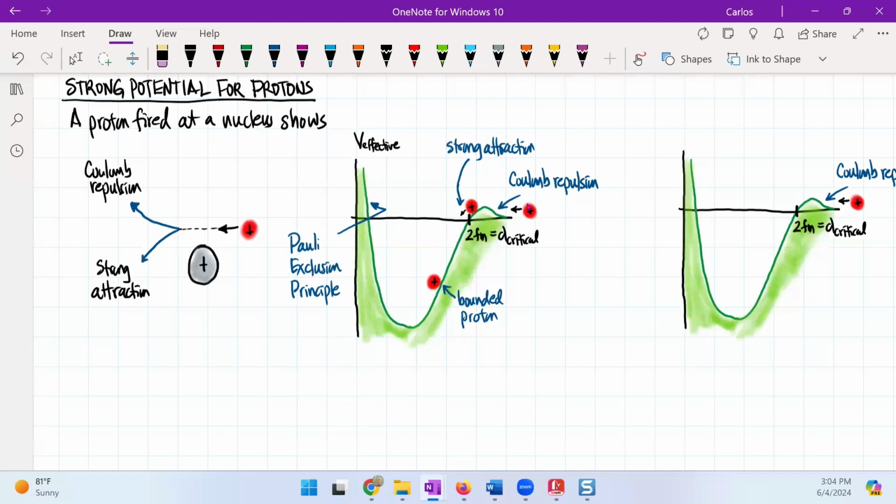Okay, so now I'm going to do the exact same thing, but now I'm going to look at the strong potential for neutrons.